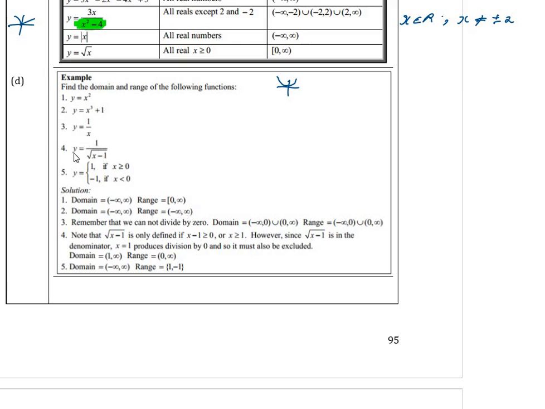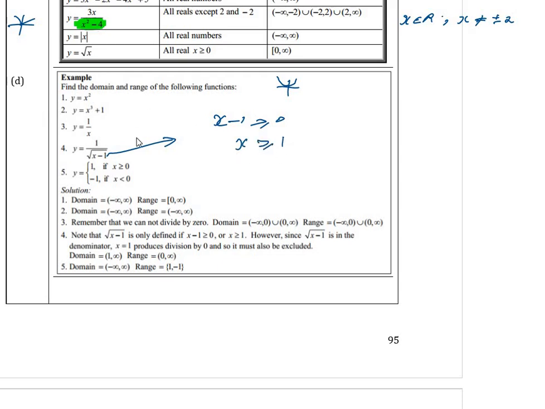Okay. Now, here we've got a combination. We have a fraction and we have the surd, meaning we need to combine the restriction plus the condition for surds. So the condition for surds is that the inside must be greater and equal to 0, giving us x is greater and equal to 1.